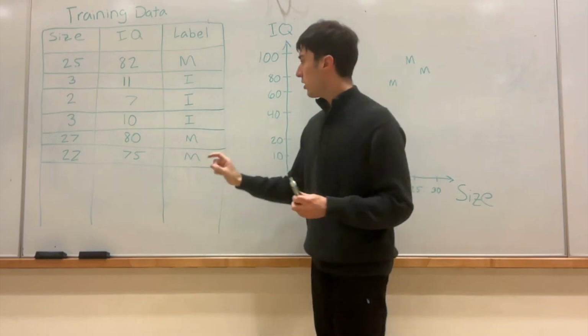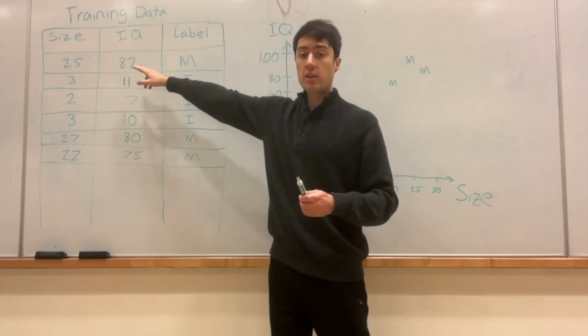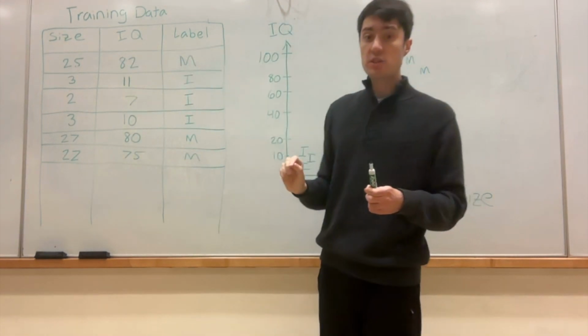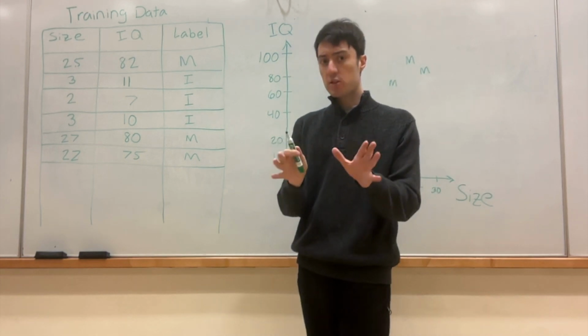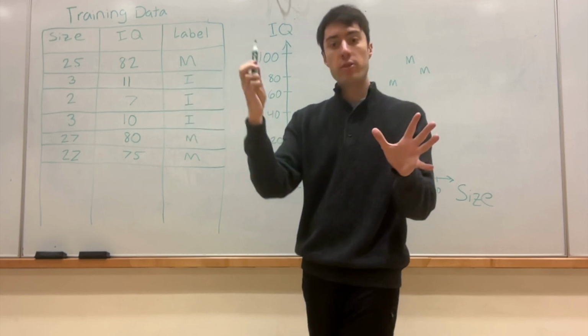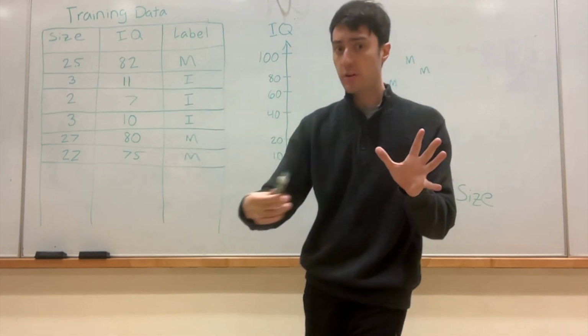And notice, we have both the size, the IQ, and the label. We know if it's a monkey or an insect, and we have to know because this is training. This isn't predicting yet. When we get to the point that we're predicting, we don't know if it's an insect or a monkey, and that's our output.